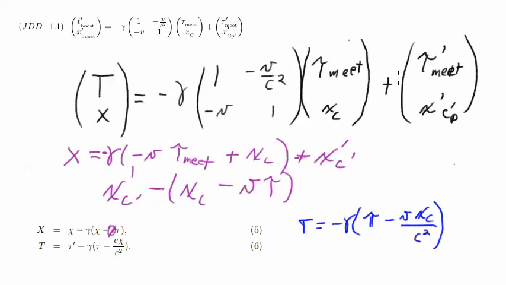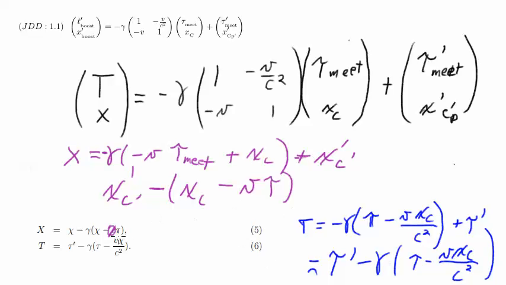Yeah, there. Plus tau prime meet. I'll just write tau prime, and so that reordered in the same order there. It's tau prime minus gamma times tau minus v x sub c over c squared.